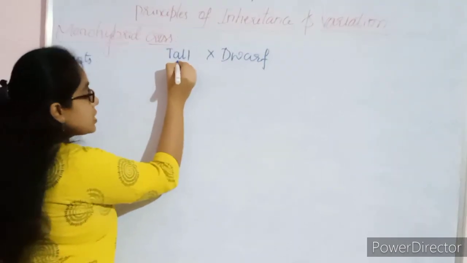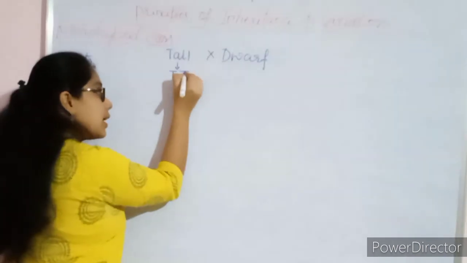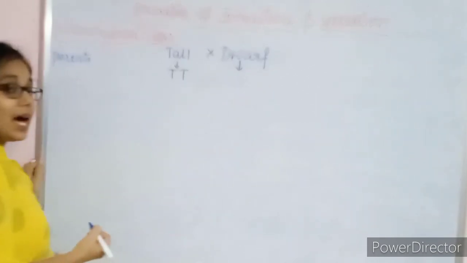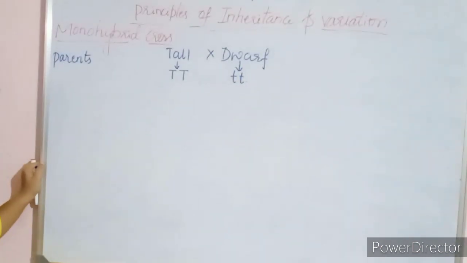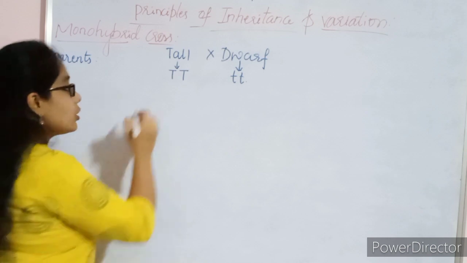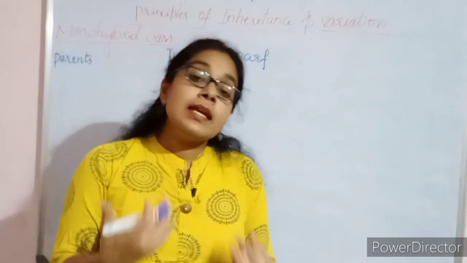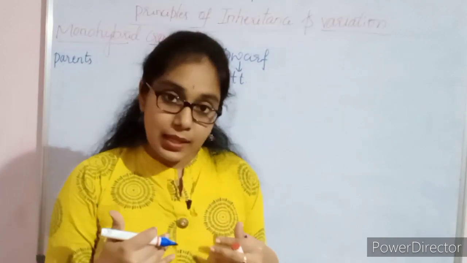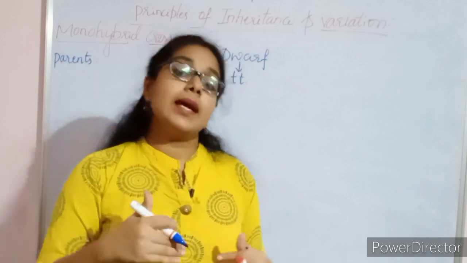Now the gene responsible for the tall character is capital T. The genes responsible for the dwarf character are small t and small t. Now we will get the question, what is this T and small t? If we are expressing any characters of our parents, that is because we have got genes from our parents.